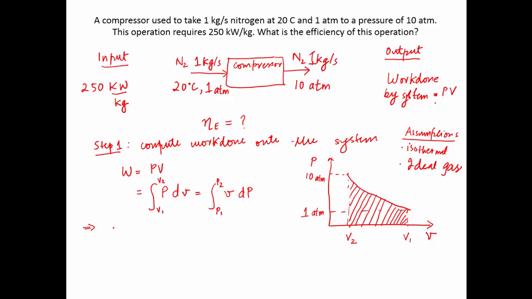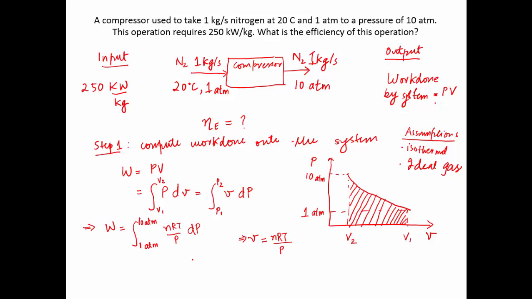So P1 in this case is 1 atm, P2 is 10 atm, and then V from the ideal gas law, V is equal to nRT over P. So I can plug that in here.